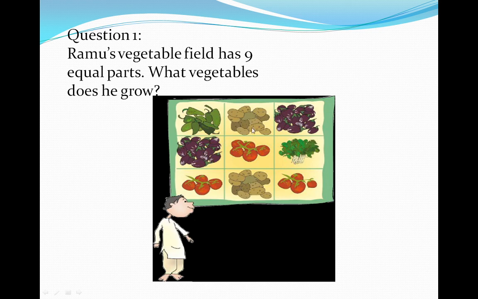Look at here, 1, 2, 3, 4, 5, 6, 7, 8 and 9. So the next question is, what vegetables does he grow? Now from this picture we can see which types of vegetables he grows. He grows capsicum, potatoes, brinjal, tomatoes, spinach. This type of vegetables he grows in his field.